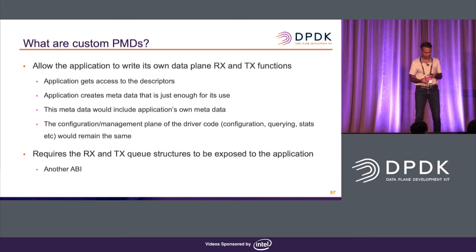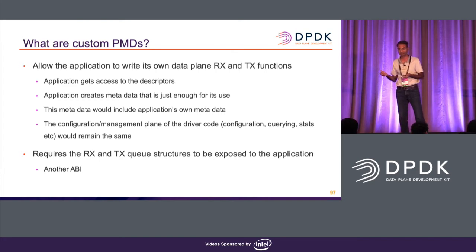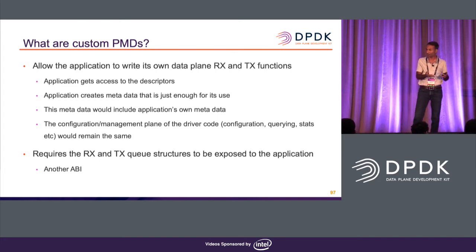Obviously, this requires that the RX and TX queue structures are exposed to the application. I'm sure there is more to it. More things have to be exposed from the drivers to the application. This is just one example I am taking here. So this is another ABI, another interface that the drivers have to expose to the application.